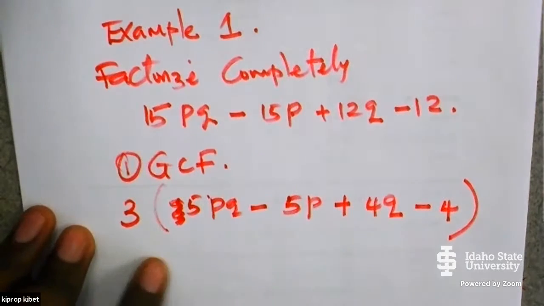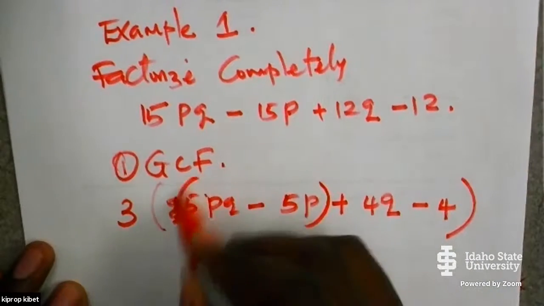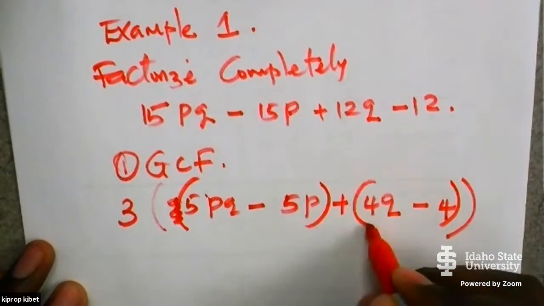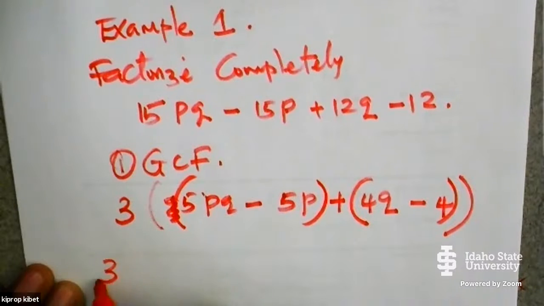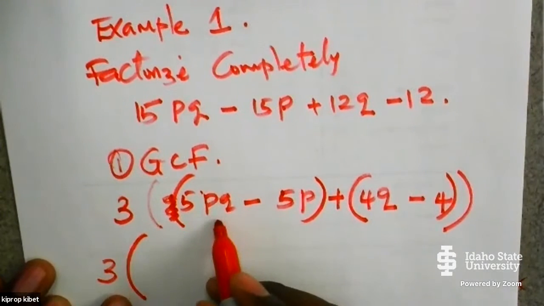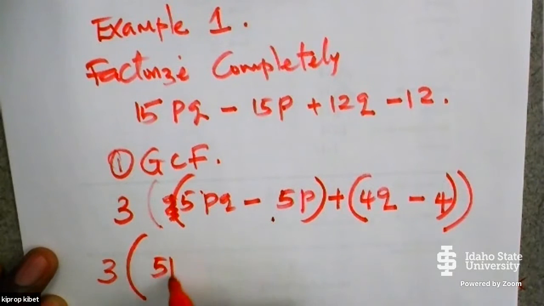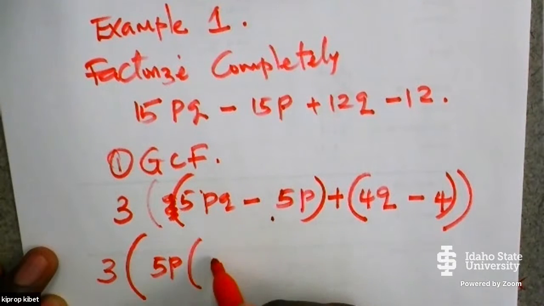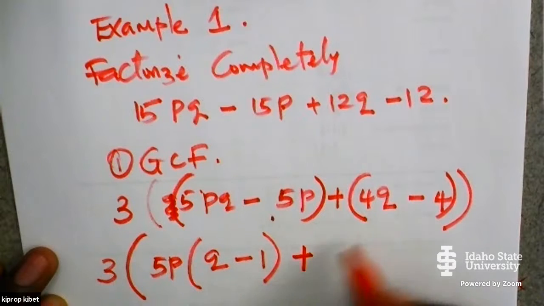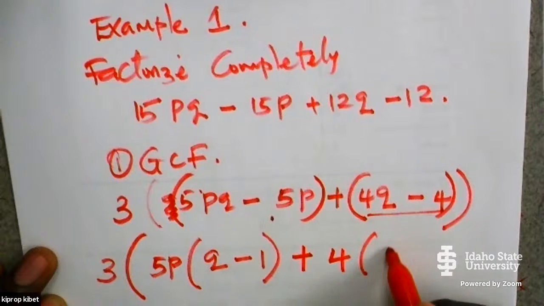And then we do what? We now group them. So we group these, and then we also group that one. So 3 still remains outside. When we group these, what is common here? 5P. So 5P, and then we have Q minus 4. And then plus, what is common here? 4. Q minus 1.